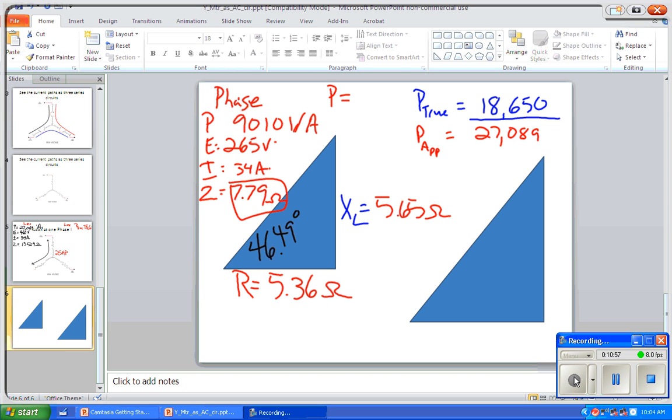I don't think anybody would agree that 67% efficiency is a good thing. Right? So what would we want to do to this thing? We want to get rid of 5.65 ohms of XL, right? How do we do that? We add a capacitor that's somewhere near that in parallel to this circuit, this motor, and it will power factor correct it. Right?